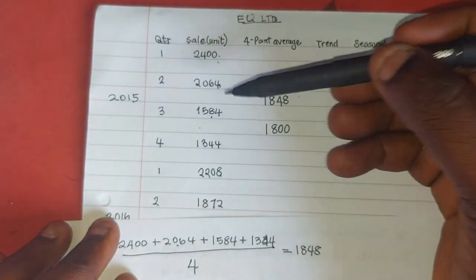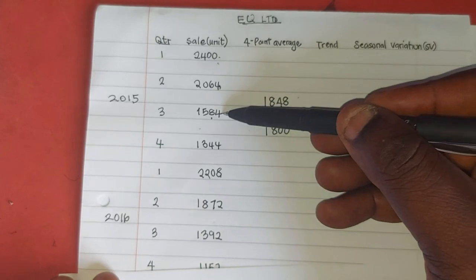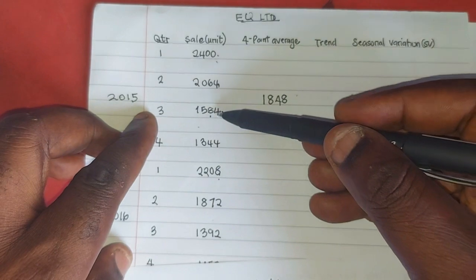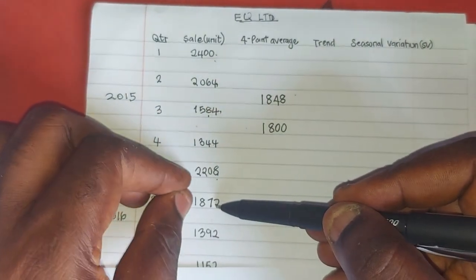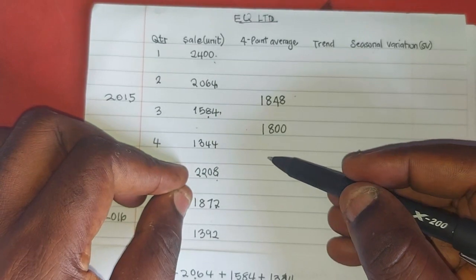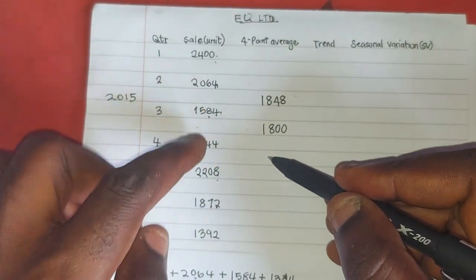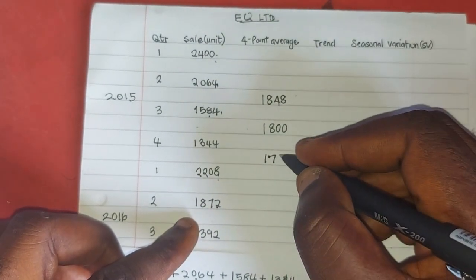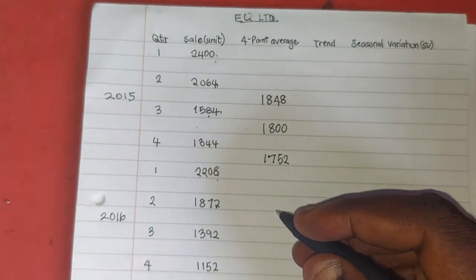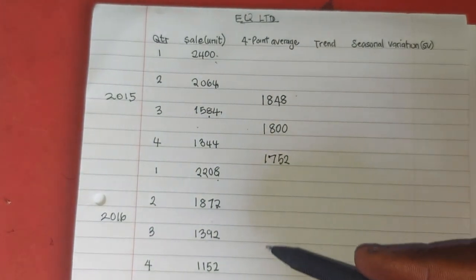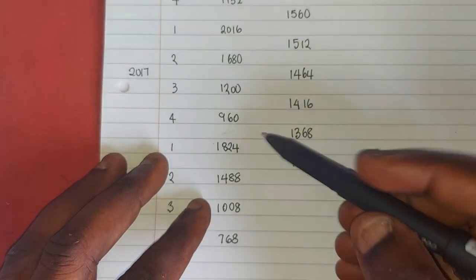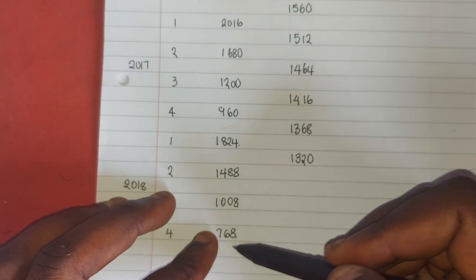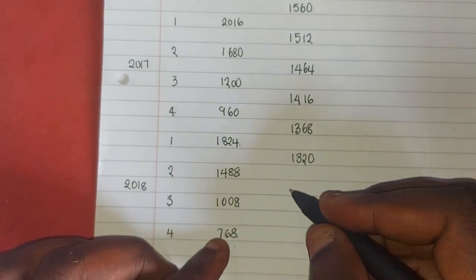Then you leave this and start again from the next, that's number 3. Then you count 4. You add together and divide by 4 and write it against the middle of the 4 numbers you have written. So you continue like that and you have 1752. So you continue to calculate the 4 moving points in that manner until you get to the last number, which is 1, 2, 3, 4.